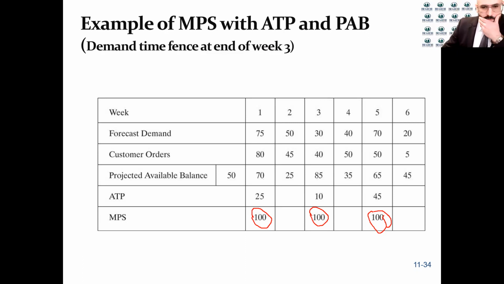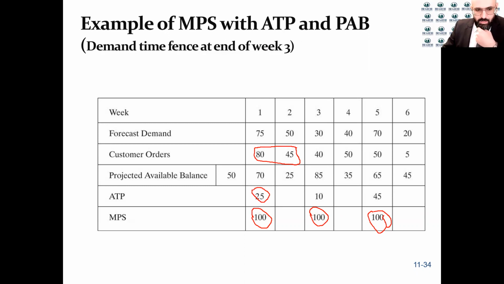We have the orders before the next MPS, which would be this one here. So we have available 150 minus the 125. That will give you 25 units extra that you can promise customers to take.